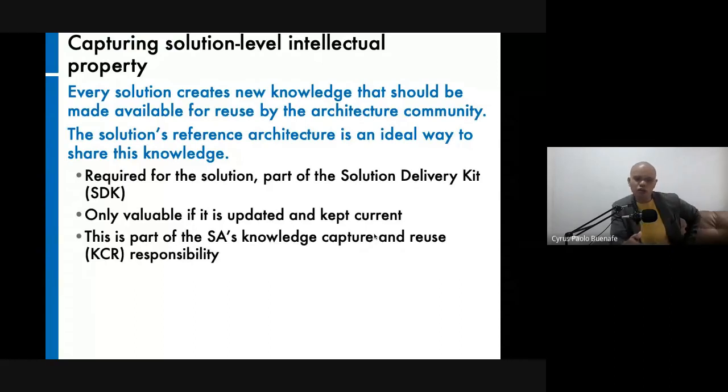Eventually, you'll realize that there's this community of solution architects, and this community is bent on making sure that this type of work is considered a solid basis for being a profession. Having a reference architecture is an ideal way to share this knowledge.